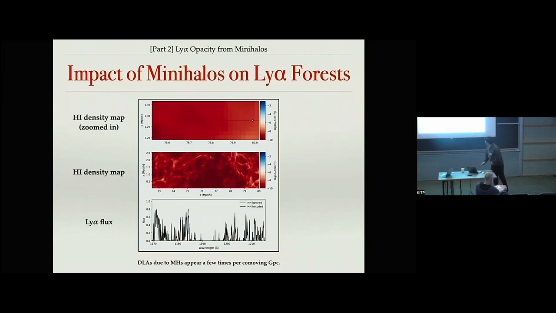So this is an interesting effect, but this doesn't happen to every sightline. This happens like a few times per gigaparsec. So most of the sightlines won't have this, but occasionally you will see this. So basically, extra damped Lyman alpha absorbers coming from the mini halos.